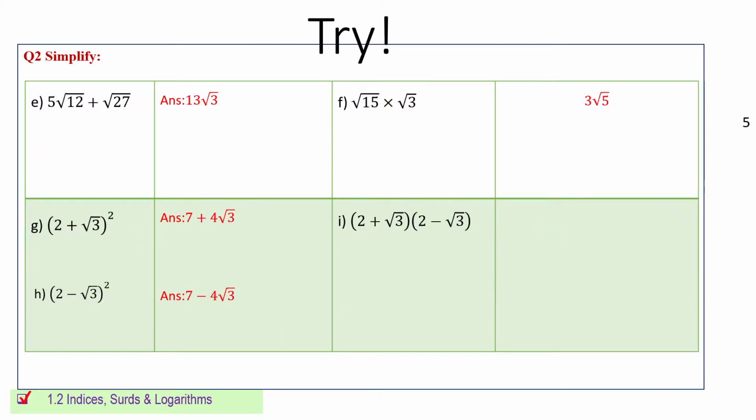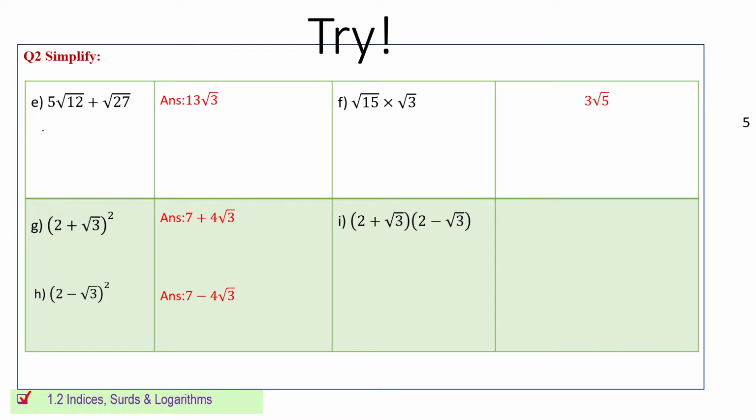Okay, now we look at E. E has no denominator, but they just ask you to simplify without using a calculator. So what we're going to do is simplify root 12 and root 27 by the method we used in question number 1.